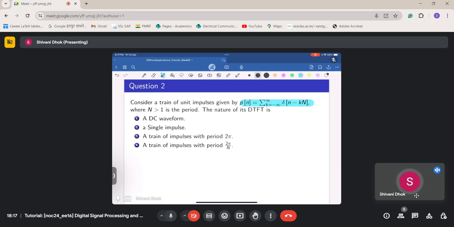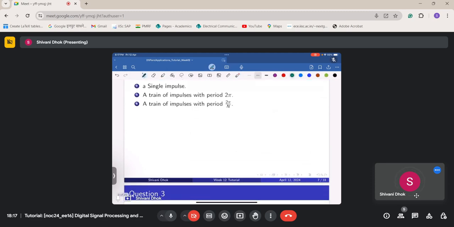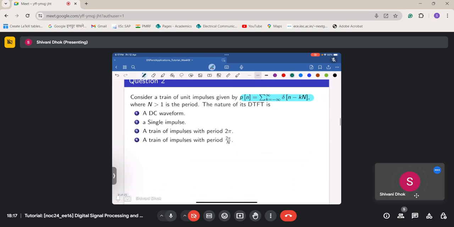So let us try to find out the DTFT of this particular thing. Okay, so now just note that this is a periodic signal. So we can't use the formula of DTFT directly.